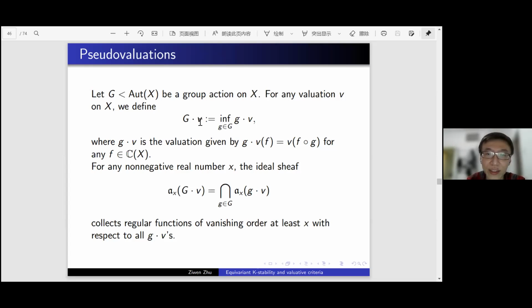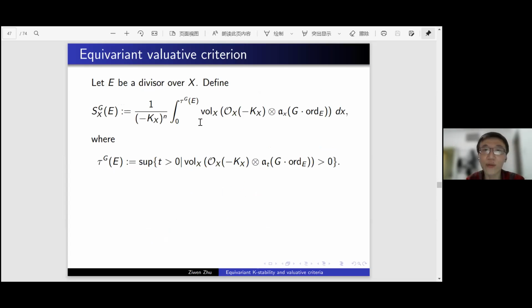Then we can define the corresponding invariants as in the usual valuative criterion. The log discrepancy is going to be the same, but for the S invariant we have the equivariant version. So we basically change everything equivariantly.